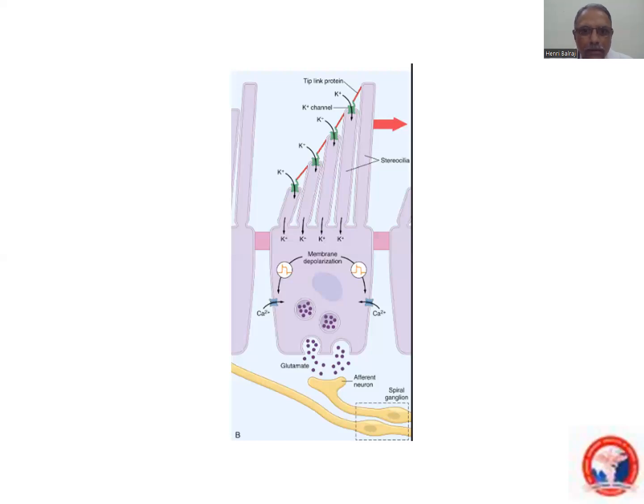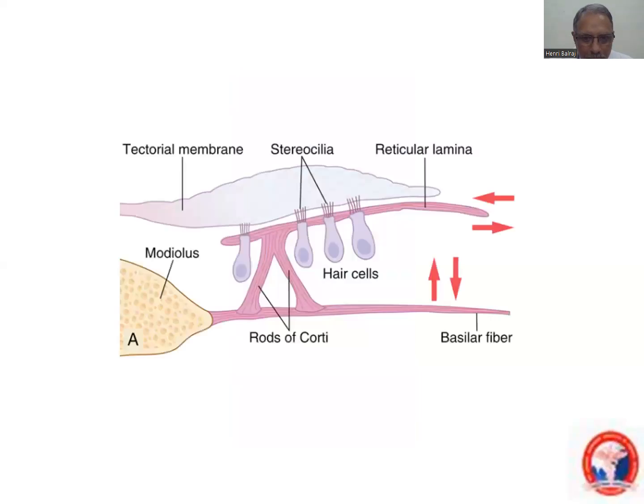So this is the potassium influx. This is where the potassium influx occurs, and it causes movement of the reticular lamina, which causes movement of the stereocilia towards the tallest stereocilia, and it causes potassium influx.